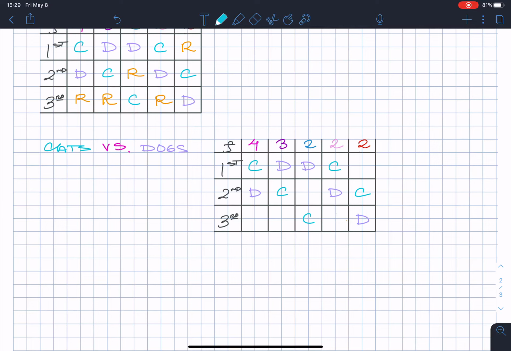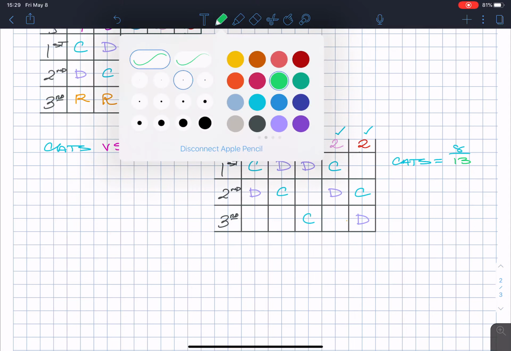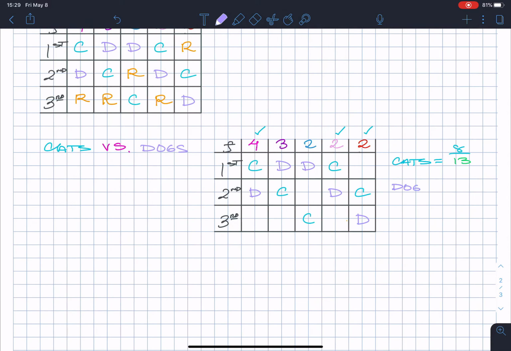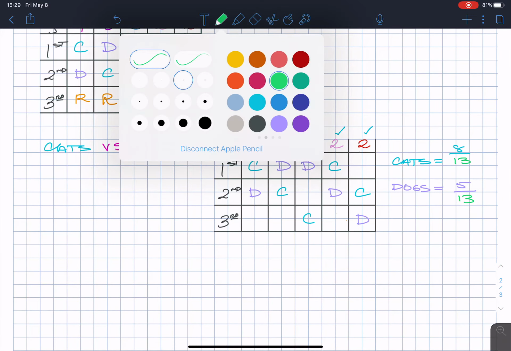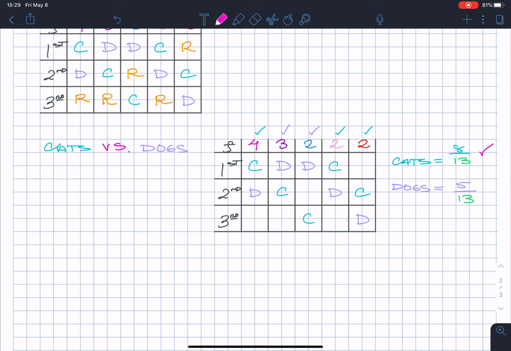Cats have 4, 2, and 2, because rabbits don't exist. So 4 plus 2 plus 2 is 8 out of a total of 13 votes. And dogs have 3 and 2, so they have 5 out of 13. Okay, so cats win in this one.